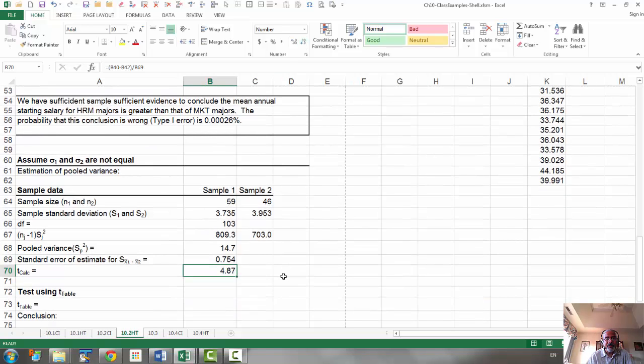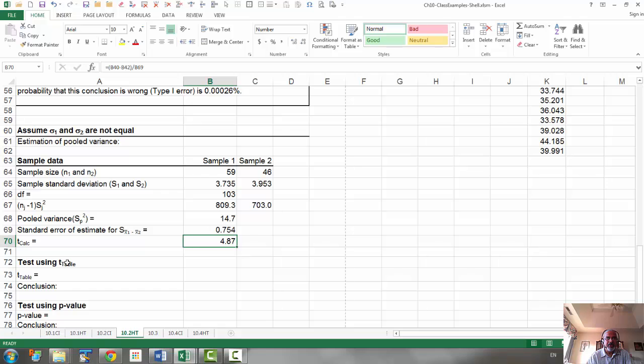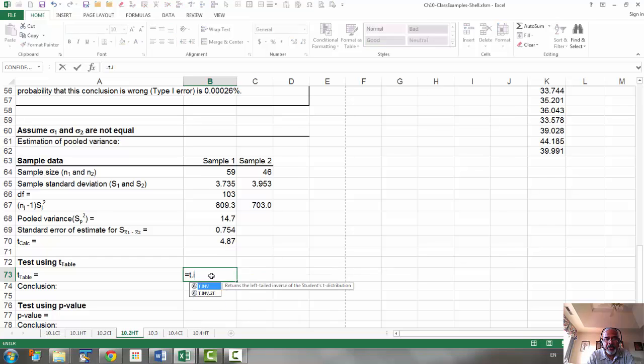Then we do the test first using the t-table approach. Now we have t.inv. This is a one-tail test, so we have to give the cumulative probability.